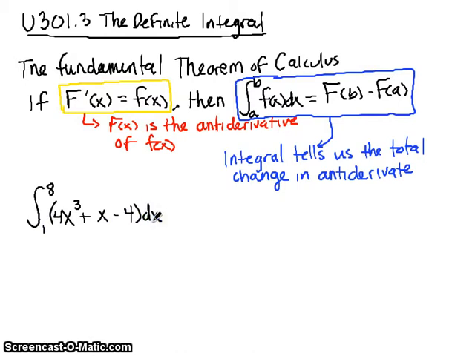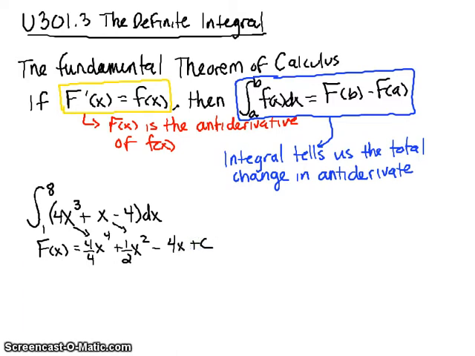We know that capital F of x, the antiderivative based on our rules, is: increase the 4 and divide by 4, increase this to 2 and divide by 2, increase this to 1 and divide by 1, and then we have the plus c that we needed for our antiderivative.